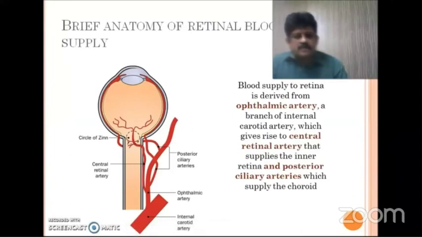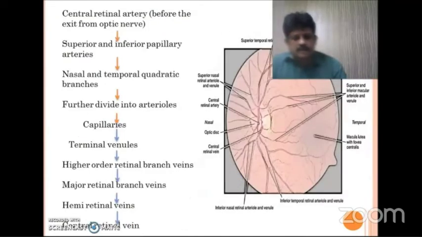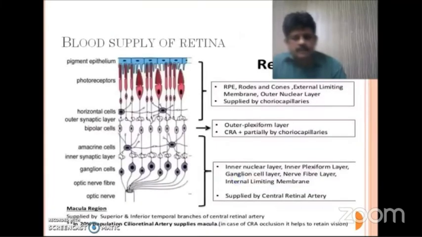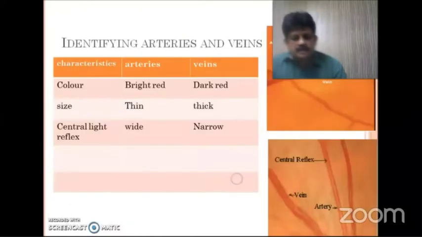Retinal blood supply is derived from the ophthalmic artery, a branch of the internal carotid artery, which gives off the central retinal artery and posterior ciliary artery, which in turn supply the inner retina and outer choroid. The outer layers are supplied by the choriocapillaris and the inner layers by the central retinal artery.